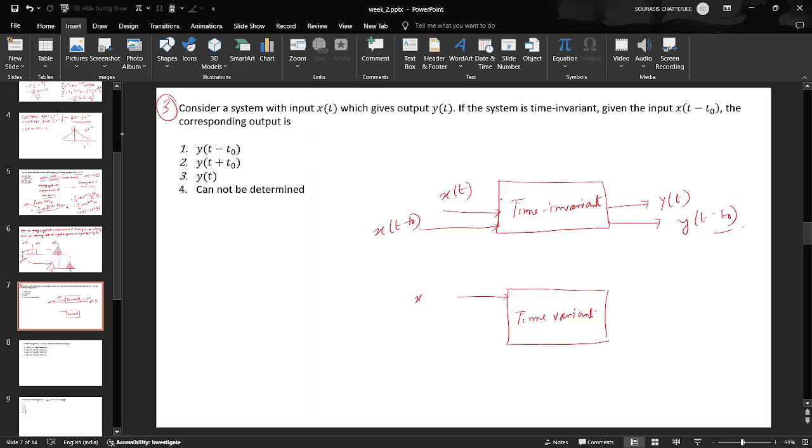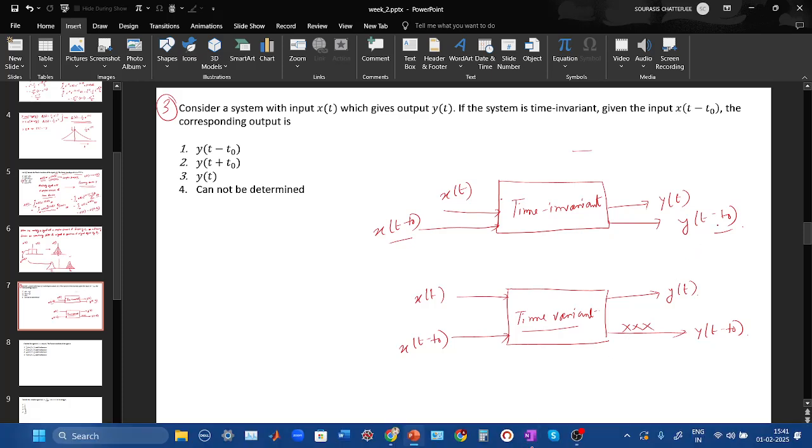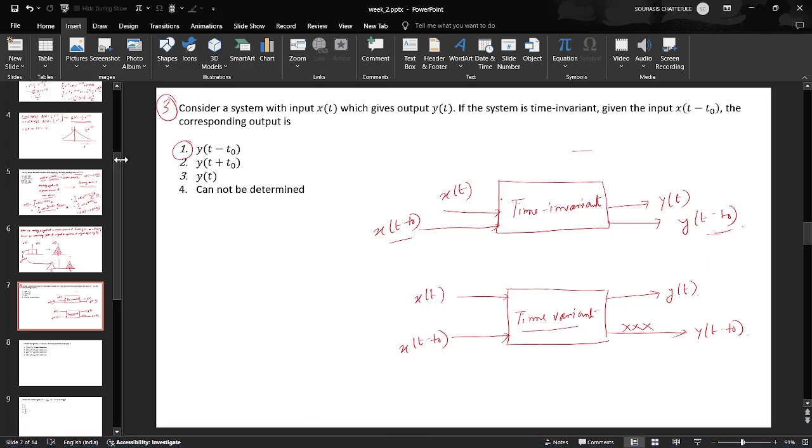Here also you feed x(t) and you obtain y(t), but feeding x(t minus t naught) doesn't guarantee that you will obtain y(t minus t naught), because in a time variant system that is not possible. But if your system is time invariant and you are giving the delayed version of the input, it will produce the exact delayed version of the output. For example, here the answer is going to be y(t minus t naught). That was pretty straightforward.